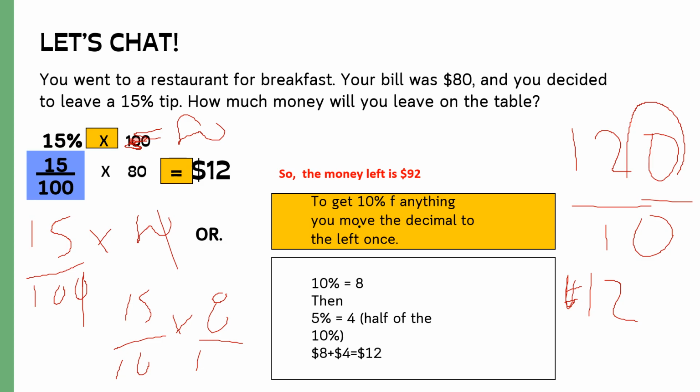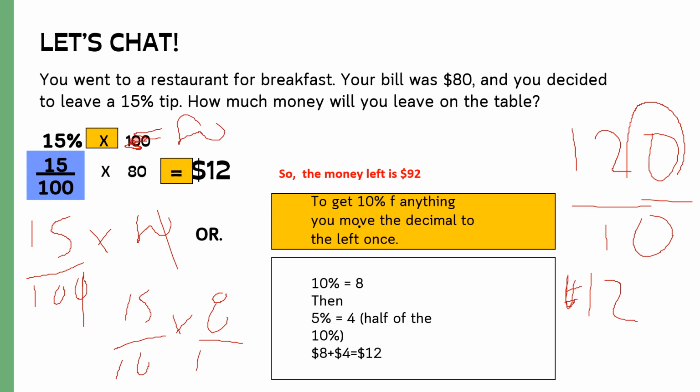Or you can start off with the base, as I was telling you before. To get 10% of anything, you move the decimal place to the left. So 10% of the 80 is 8, right? Then 5% would be half of the 10%, because 5 is half of 10, right?